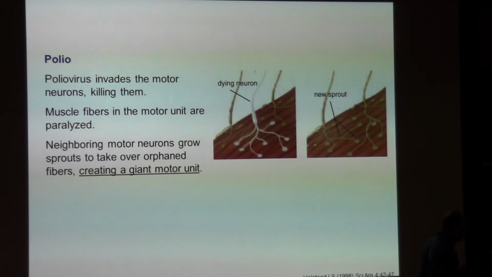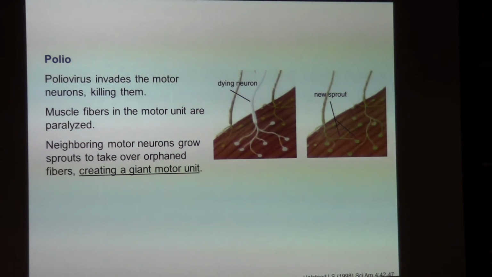And what happens is that as the disease progresses, you can't grow new motor neurons, but what you can grow are new axons to the existing motor neurons. So you see that here. So these orphaned muscle fibers get taken over by these neighboring healthy motor neurons. And now what happens is that you have your motor unit, which consisted of, let's say, 1,000 muscle fibers.